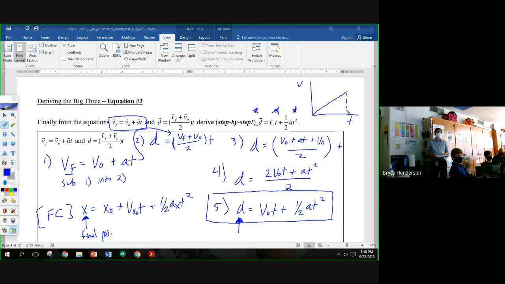What's the area here? Triangle. How do you find the area of a triangle? 1/2 base times height. So that's why the area here corresponds to a displacement, which is why we have this 1/2 here. It has to do with the fact that the area under the curve is a triangle. So it's kind of cool. It doesn't really matter, it doesn't affect us, but it's cool.